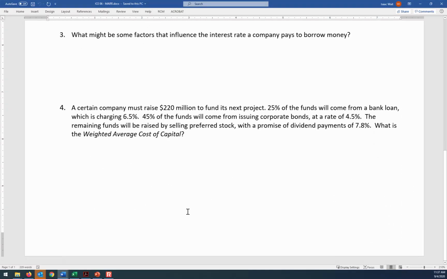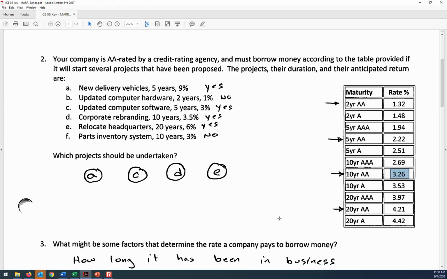All right, so the last two questions in today's in-class exercise. Okay, a question to go over it again. Yeah, let me bring that back up. So we already talked about A and B. C is a yes because it gives 3%, but the cost of a project for a 5-year term is 2.22%.